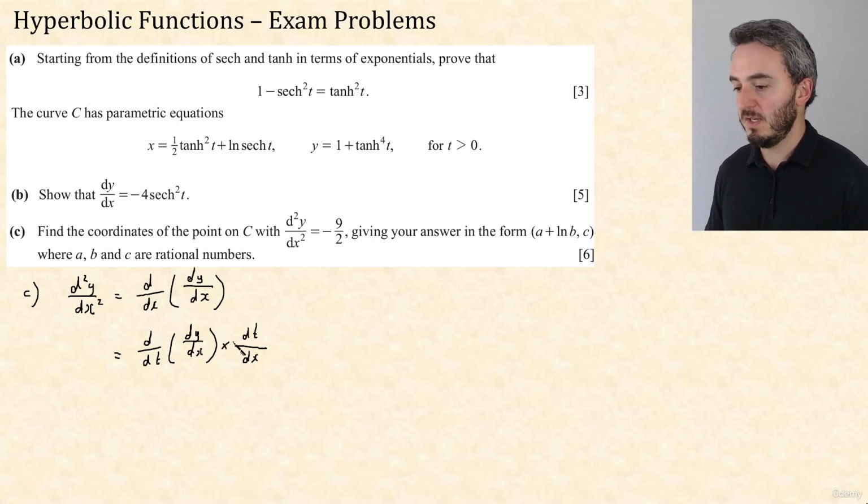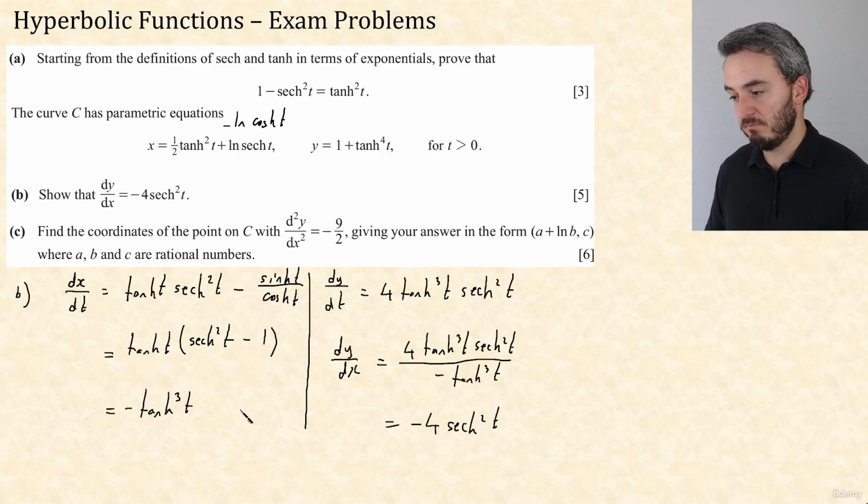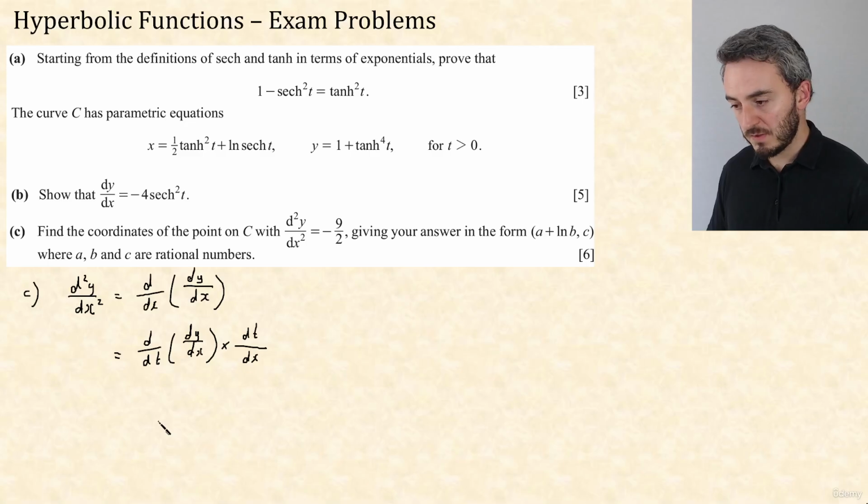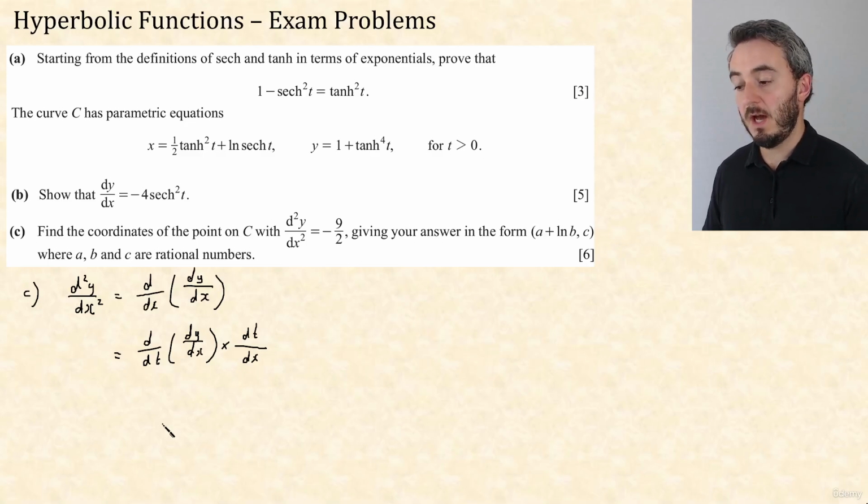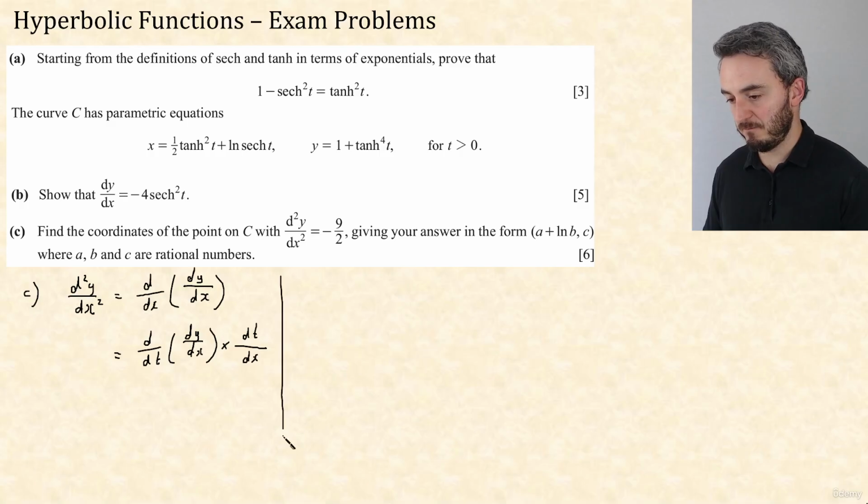So I need to be differentiating this with respect to t and then multiply through by dt by dx. Remember, I already know what dt by dx is because it's just the reciprocal of dx by dt. So let's find d by dt of dy by dx first.